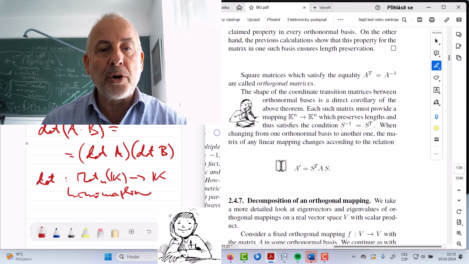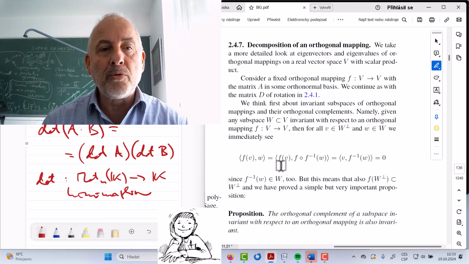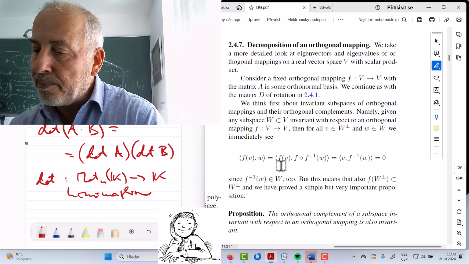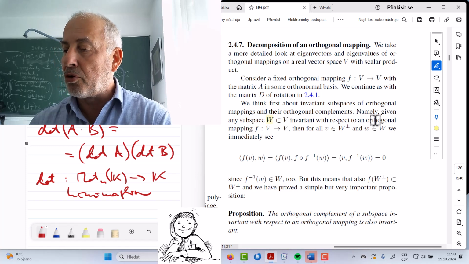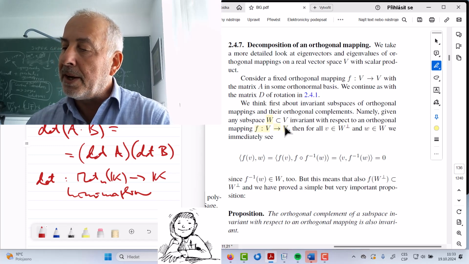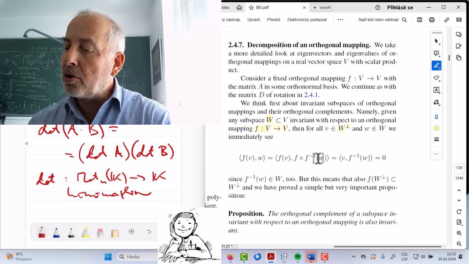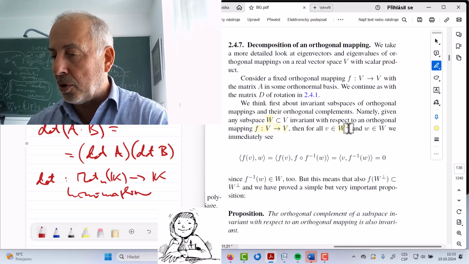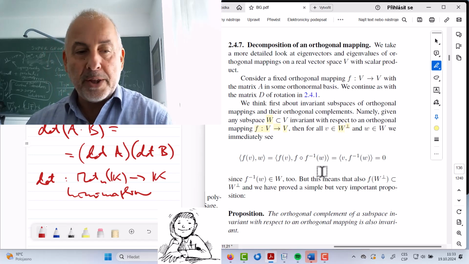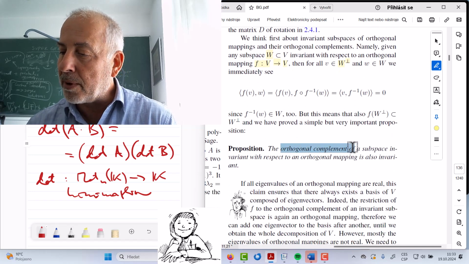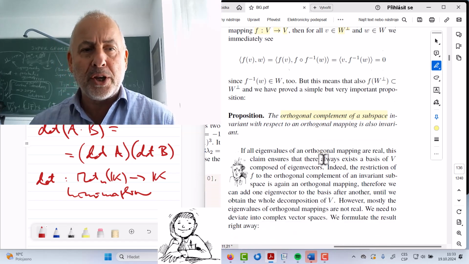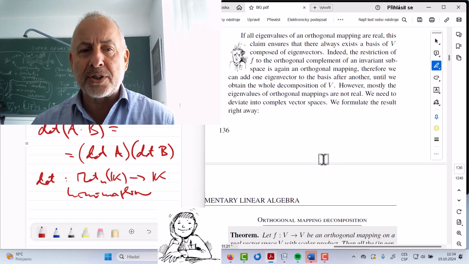And moreover, it's easy to see that if you take an invariant subspace with respect to an orthogonal mapping, then its orthogonal complement is also invariant. That's the proposition here: the orthogonal complement is also invariant. And it's a very straightforward computation. You don't have to worry about it, just have a look.